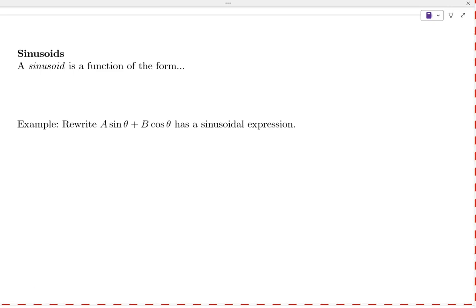So we define that a little bit more precisely with what the form of the function has to be. A sinusoid is a function of the form f of x equals a sine of bx plus c. This is what we're going to try to do to create these sinusoidal expressions. So this is what we mean by a sinusoid.